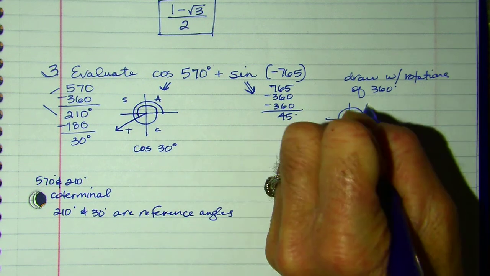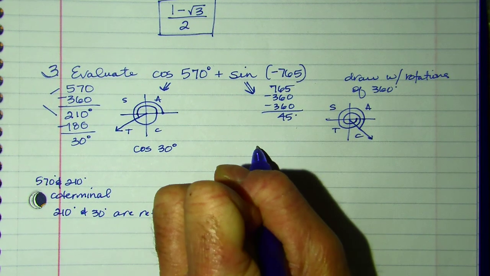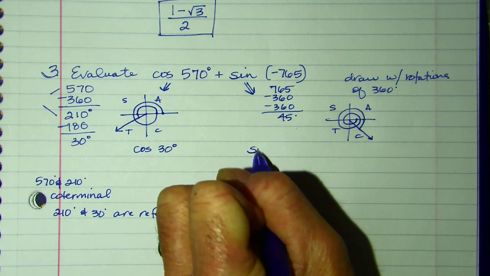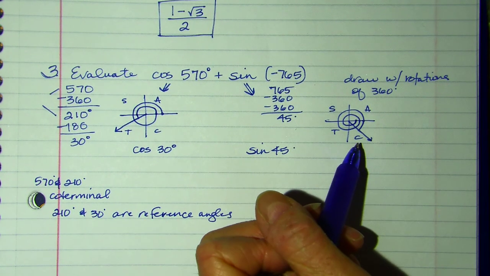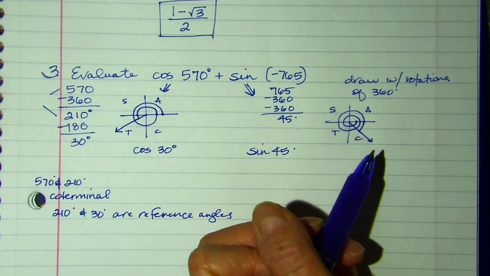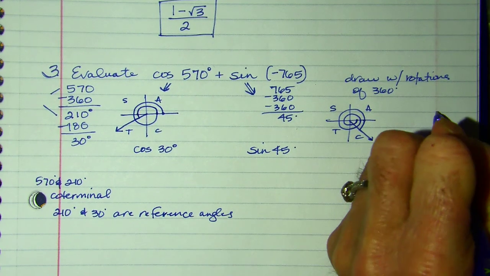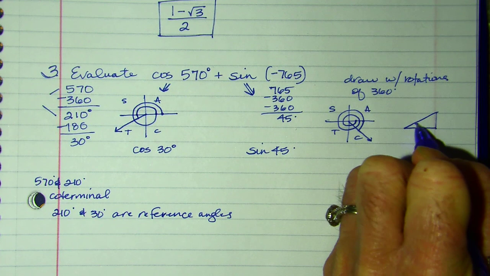So all students take calculus. So I know I'm evaluating the sine of 45 degrees, but I know I'm going to be negative because I'm in quadrant 4. So if you have pictures of your reference angles, I'm going to do the cosine of 30 first. So here's 30.